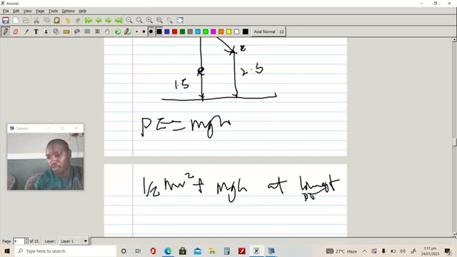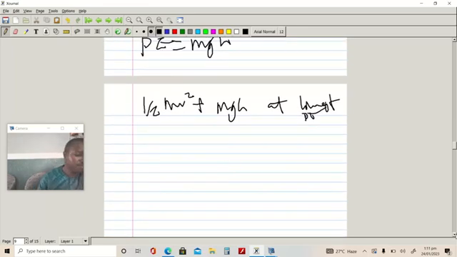So at the lowest point, according to the principle of conservation of energy, potential energy, which is mgh, that's your total energy, is equal to half mv squared plus mgh.